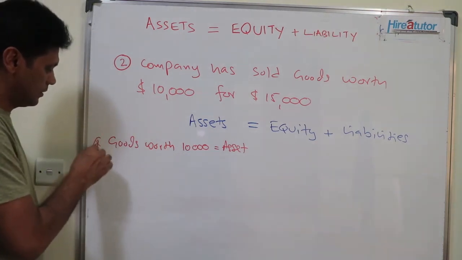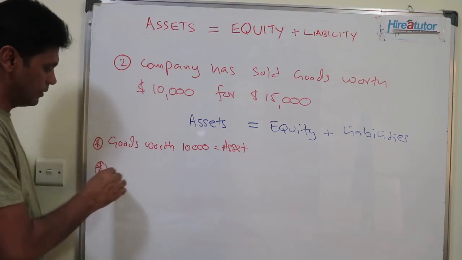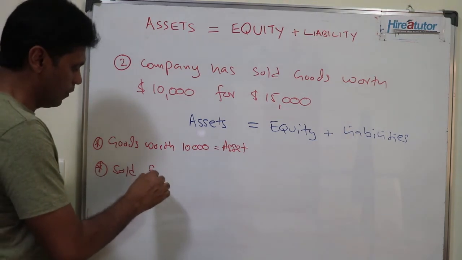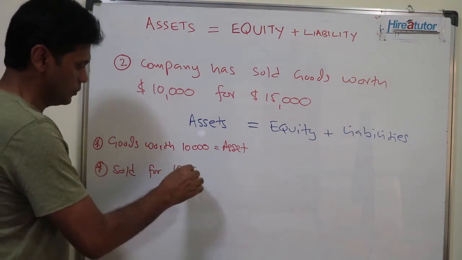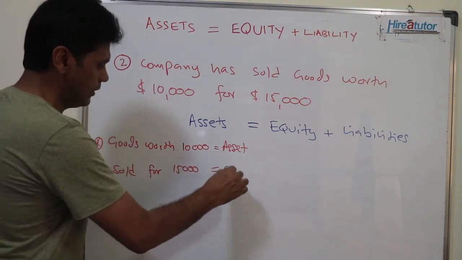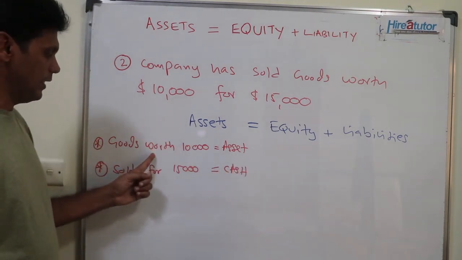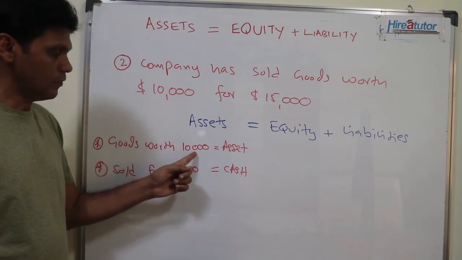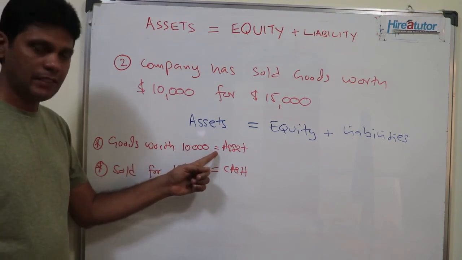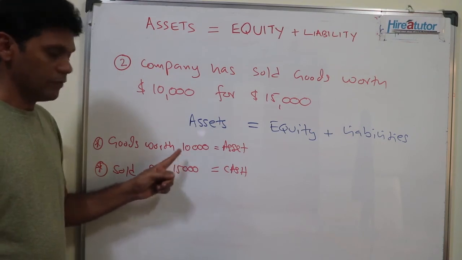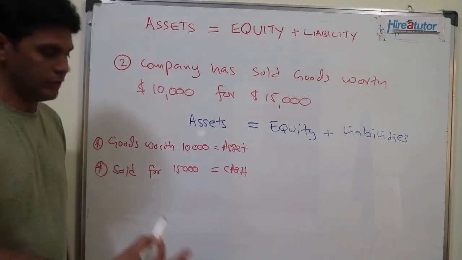This asset was sold for 15,000. So when you sell, you will receive cash. So you are selling goods worth 10,000. You are selling one asset and you are receiving cash for the goods that you have sold.